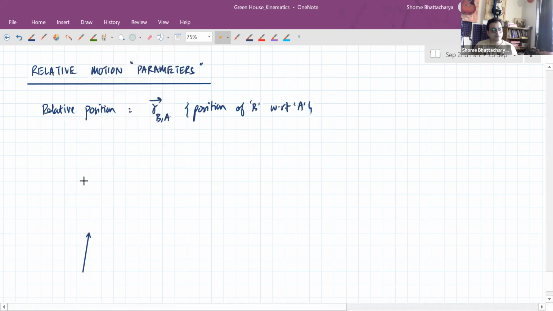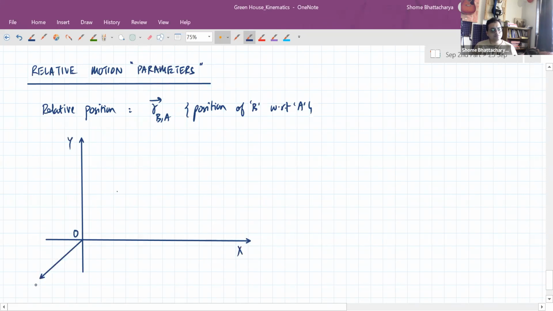So now imagine that with respect to my ground frame, which is this XYZ coordinate system, I have two objects which are right now, at some given time, located over here and here. Let's say A is located here, so A's position vector with respect to my ground frame is this one.